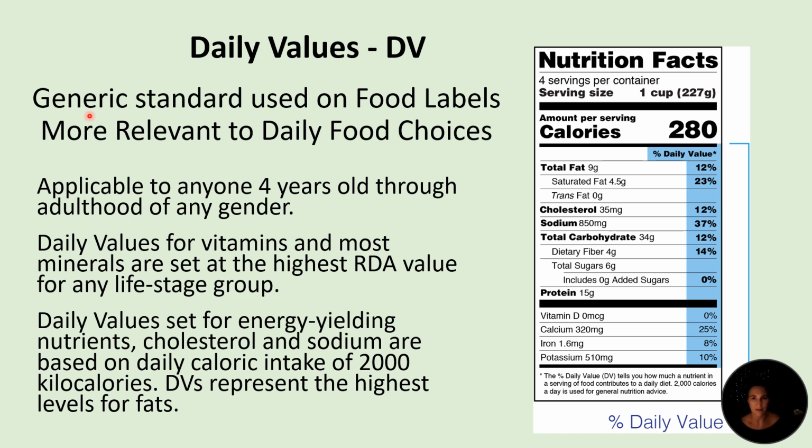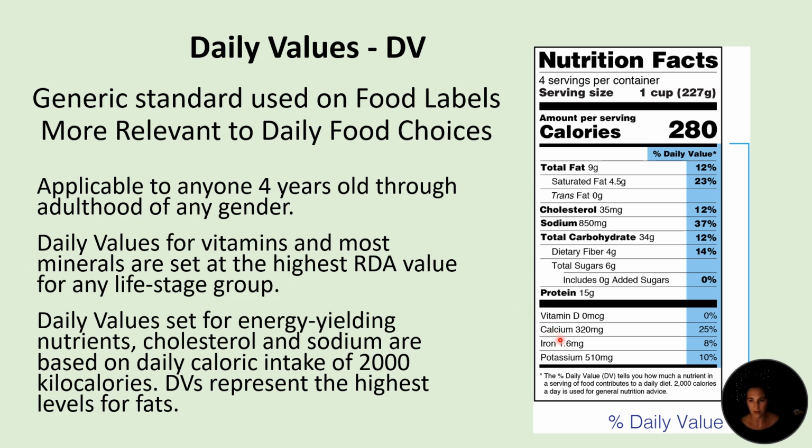And scientists set this generic need. This is called a daily value, and it is based on a 2,000 calorie diet. This is applicable to anyone 4 years old through adulthood of any gender. The daily values for vitamins and most of our minerals are set at the highest RDA value for any life stage group. This is so that people get enough of their vitamins and minerals.